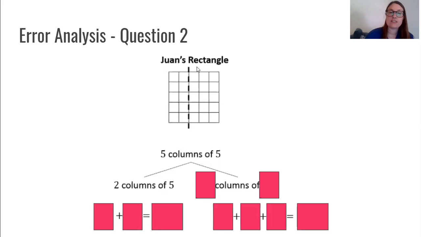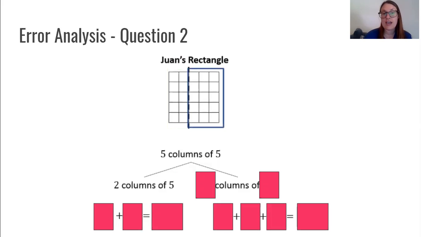But looking at this dotted line, our partition, Juan has split the rectangle into this part and this part. So the first part is done for us. It is 2 columns of 5. So here's 1 column and 2 columns, and in each column there are 5 squares, right? That part, do you see it? That is 2 columns of 5. That's been done for us.